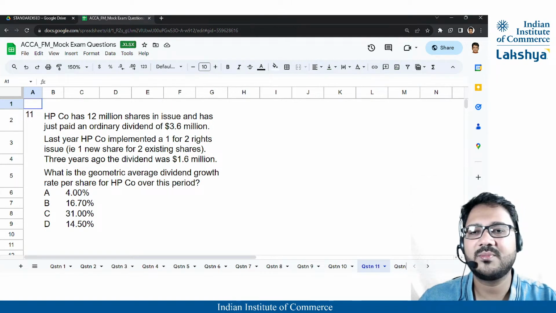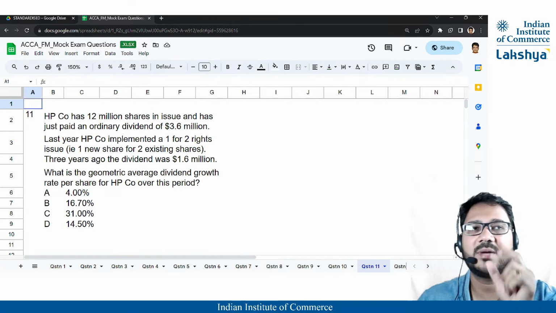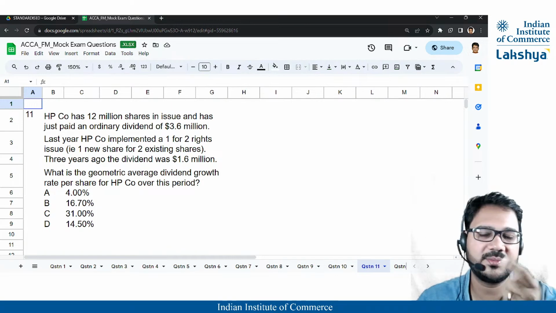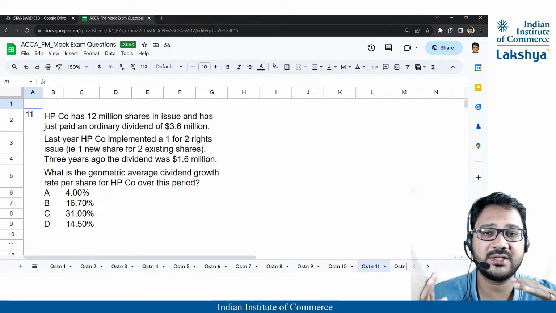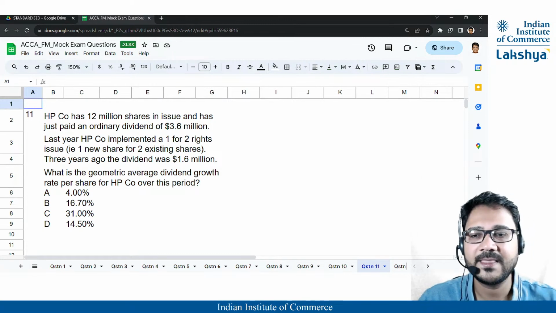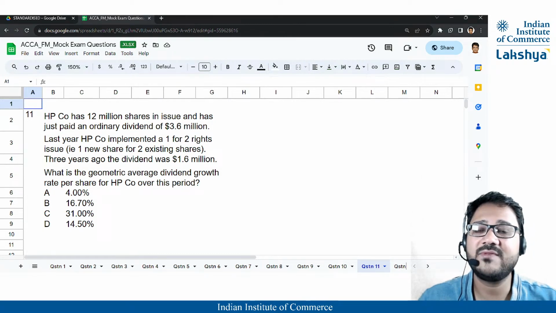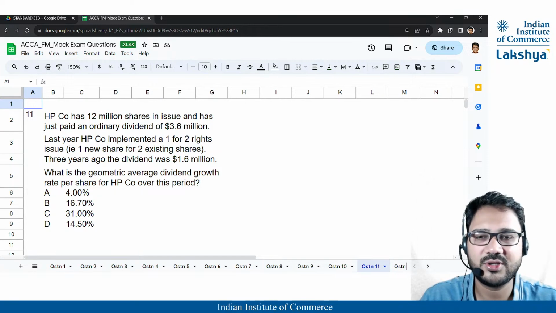But instead of taking the entire dividend, I would suggest we take dividend per share, because the number of shares kept changing. So dividend per share is a better standardization. And as we all know, all denominations should be standard.